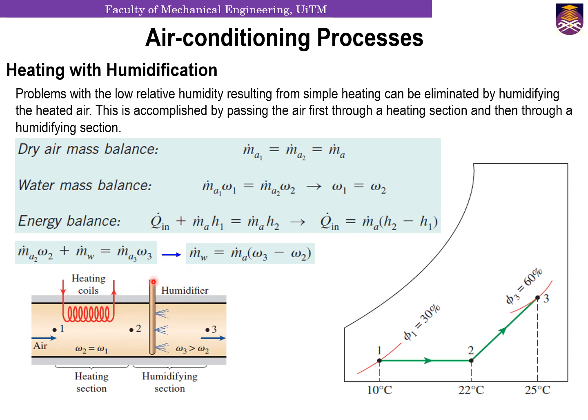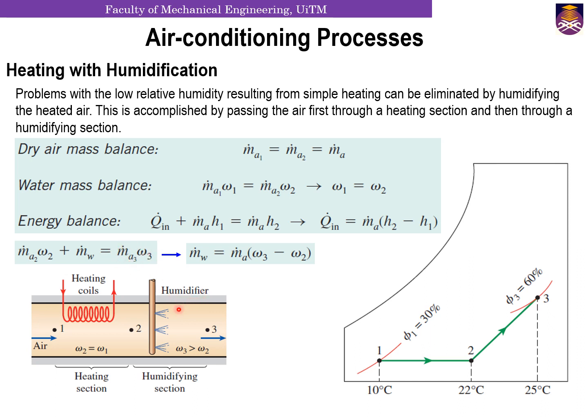Now, since we have a humidifier, this humidifier is adding some water moisture into the air, and that is given by this formula. So the amount of air at point 2 times omega 2, plus the amount of water vapor being introduced by the humidifier, equals m dot A3 times omega 3.